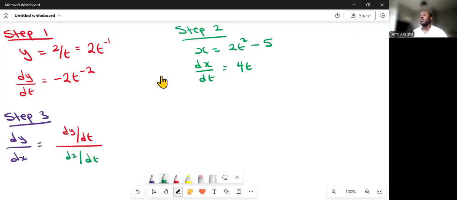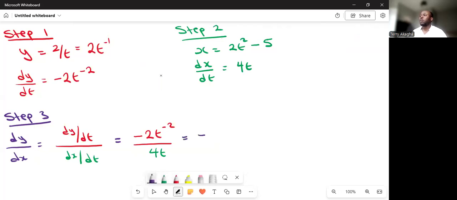Now we have dy over dt as minus 2t to the power of minus 2, all divided by 4t. So we can now play around with this to simplify.